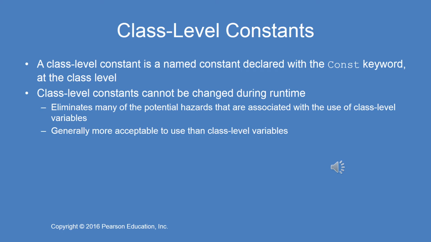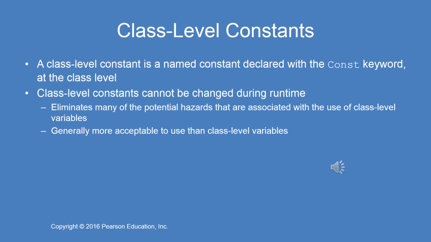A special type of class level variable is a constant, a class level constant. And a constant is used when you do not want any procedure to be able to change the value. So for example, if you were doing scientific calculations and you declared a class level variable pi, which is a mathematic constant, 3.141597.